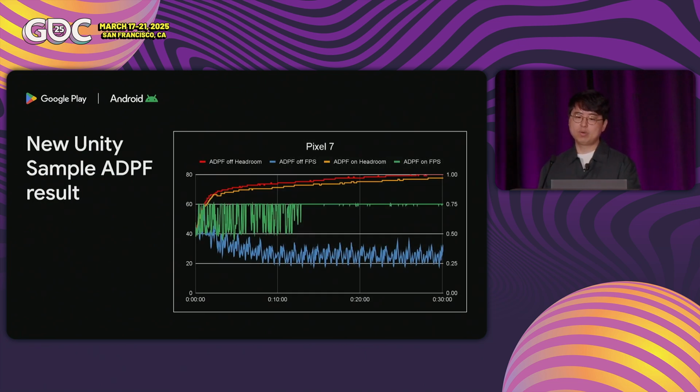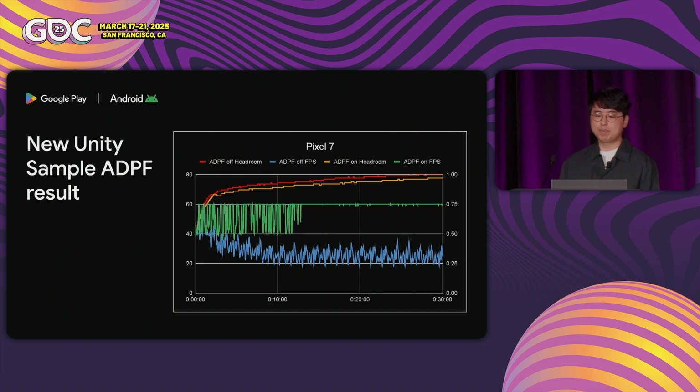All right, let's talk about the results. This is where the numbers meet the road. Let's dive into what ADPF did for our Android Vulkan sample on Pixel 7 and 9. Look at the Pixel 7 result. Without ADPF, the game was struggling, averaging just 27 FPS and unable to maintain a smooth 60 FPS.